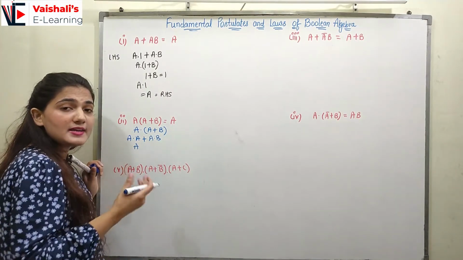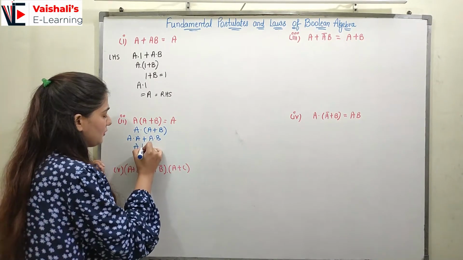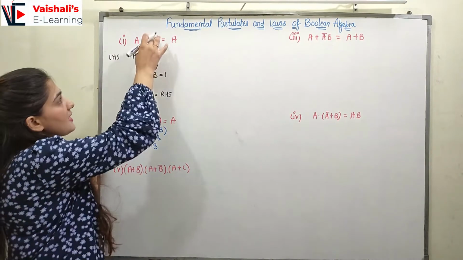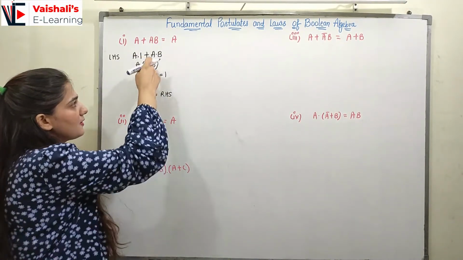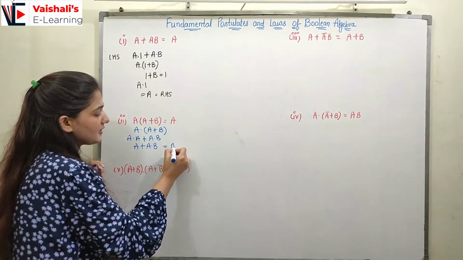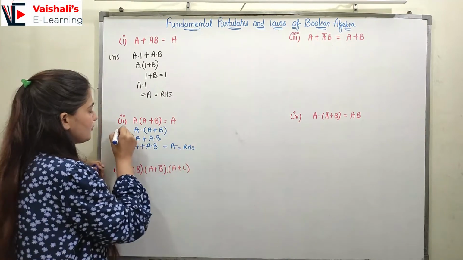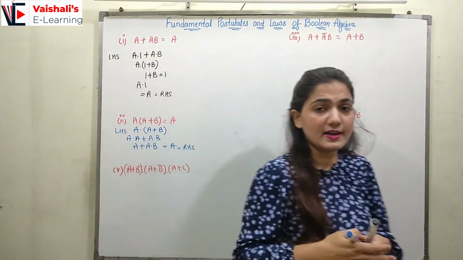Any variable which is having the dot operator with that same variable, I will be getting the a only. Plus we are going to get a dot b. So a plus a dot b was equal to a, or again you can use these equations to simplify it and I can write it equal to a only. So it is equal to RHS. This was my LHS. So when LHS is equal to RHS, this equation is verified.